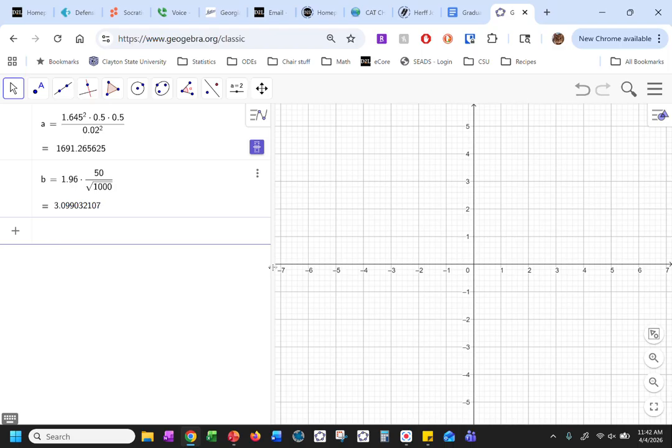And then we're going to do our actual confidence interval, right? 22 minus that margin of error. And if you're using GeoGebra, you'll notice that it assigned this margin of error calculation to be called B. And so I could just say 22 minus B, right? That is the same as 22 minus 3.099, but I don't have any rounding going on there.